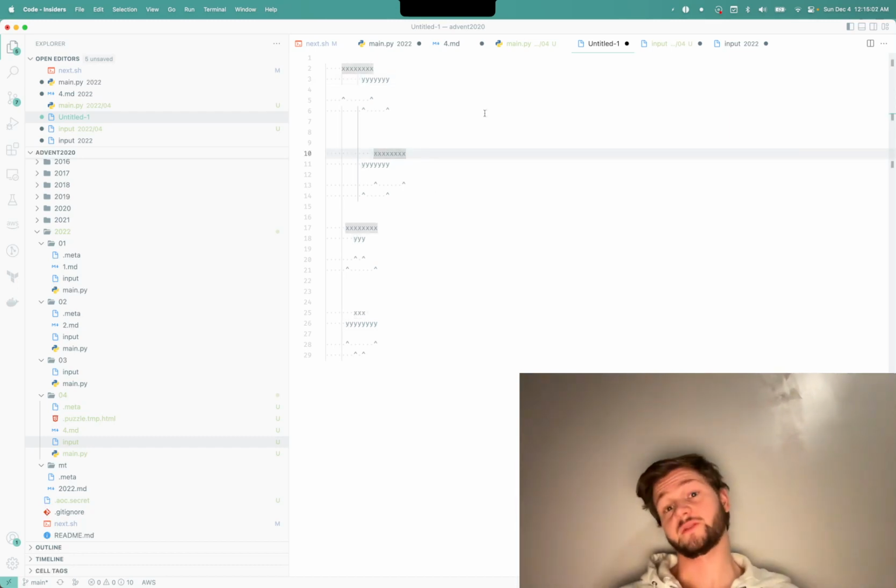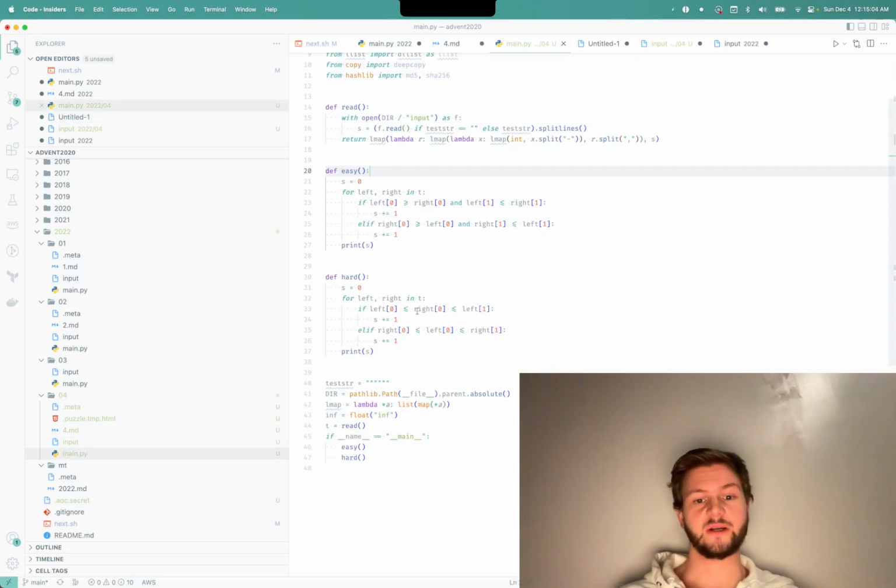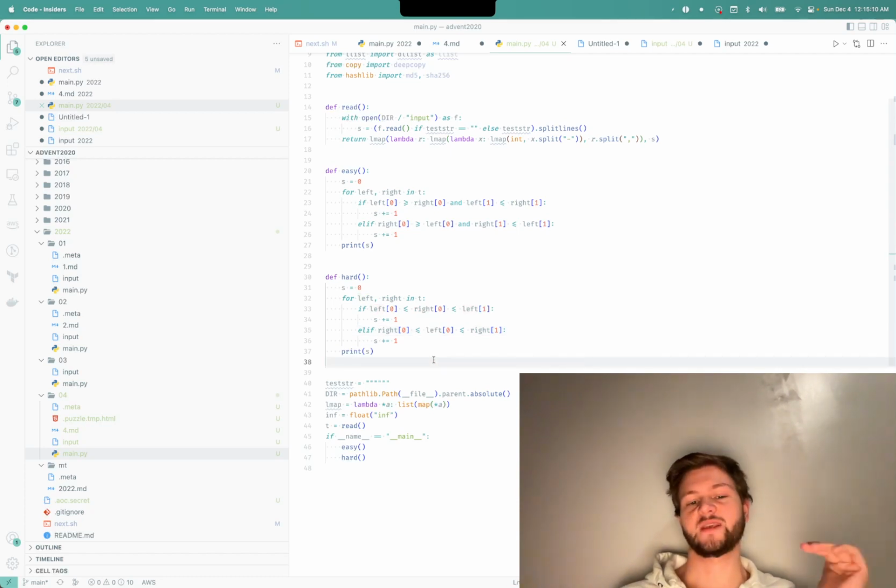In order for two groups to overlap, the starting point always has to overlap. So I always only checked for the starting. Either left or right has to have the starting point fully contained within the other group. And I think that's all. I'm just going through, increasing the counter by 1. And I don't think there's that much more to it.